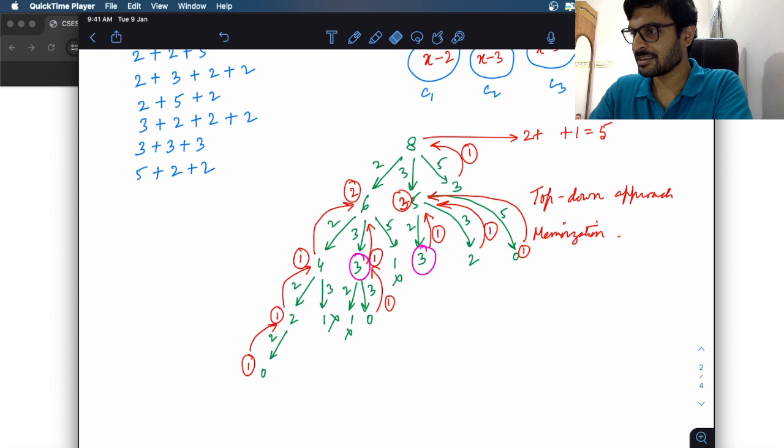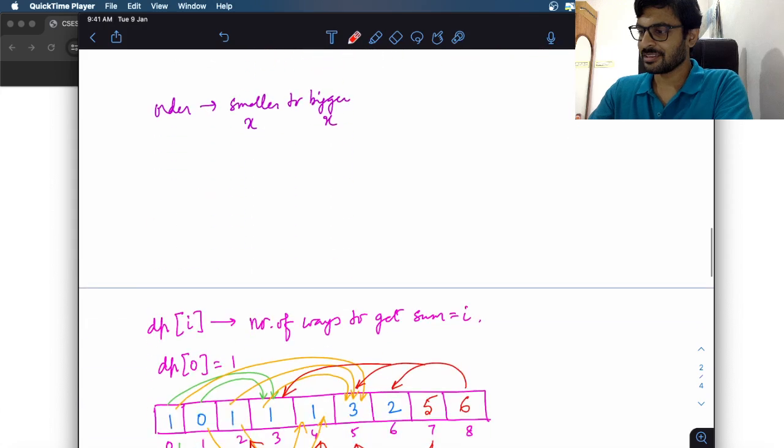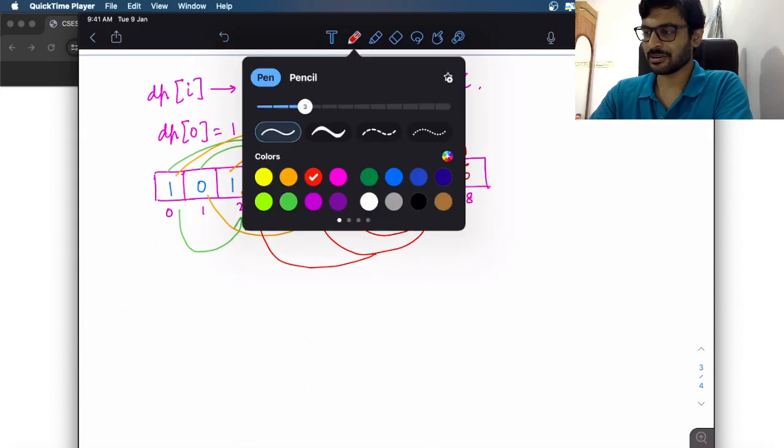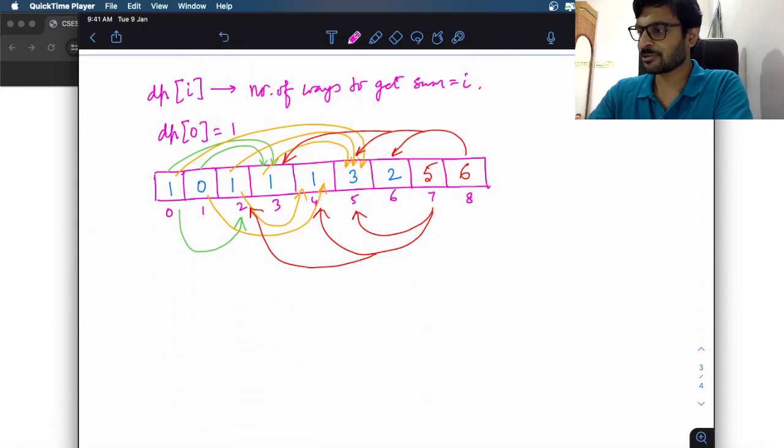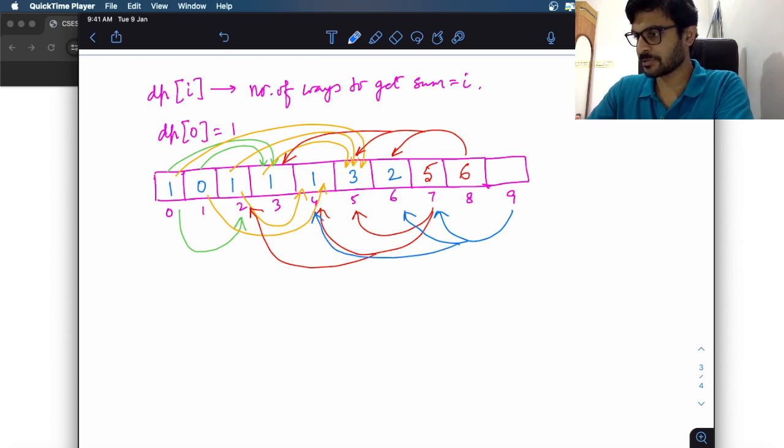So basically you have 2 plus 3 plus 1, which is equal to 6. That is the answer for 8. That's how you get 6 for 8. And if you calculate for 9, you should get 8. Let us see. 9 minus 2, 9 minus 3, 9 minus 5, that is 4. So we get 1 plus 2 plus 5, that is 8.